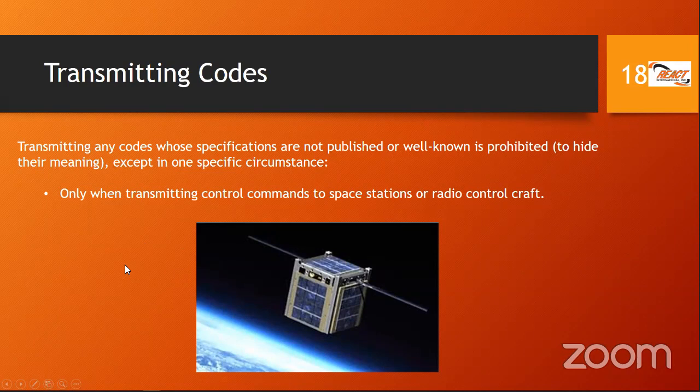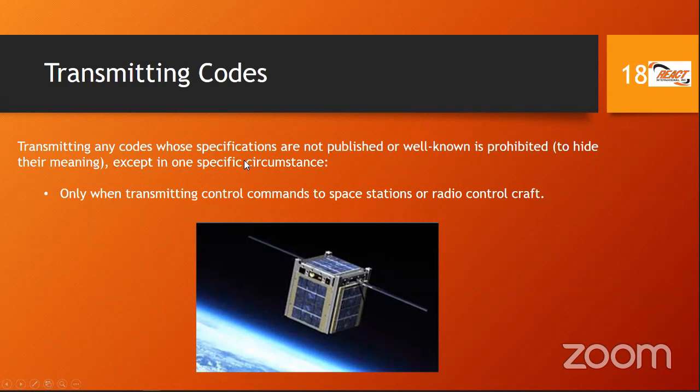If you have control commands or control signals to that spacecraft, you can encrypt or obfuscate them to make it difficult for someone to intercept the communication. For obvious reasons, you don't want anybody to just take control of your spacecraft and move it around. But as hams, generally, you are not allowed to transmit coded messages.